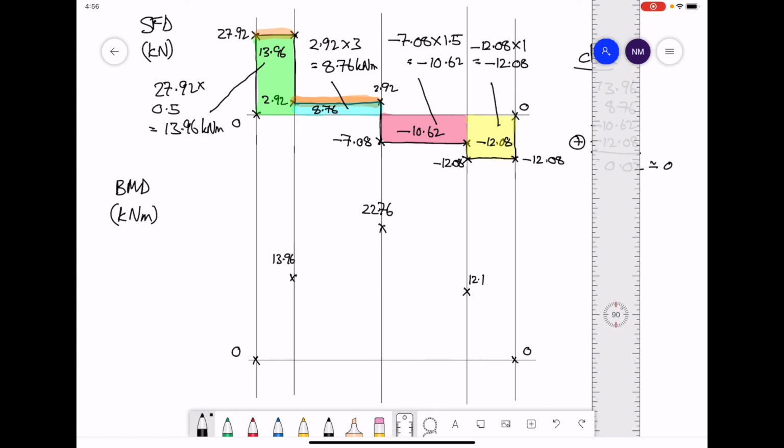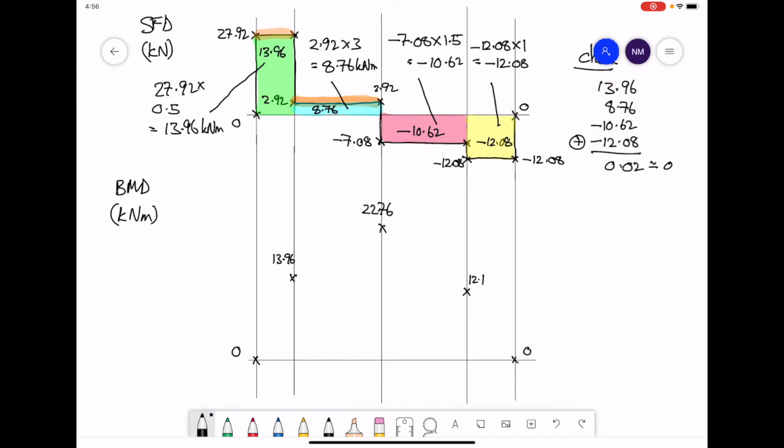Now what we have to do is join the dots we've plotted on the bending moment diagram. In the first region, we're going to consider the shear force value constant at 27.92. What that means is we have a line of constant gradient. The gradient of that line is equal to the shear force, 27.92.